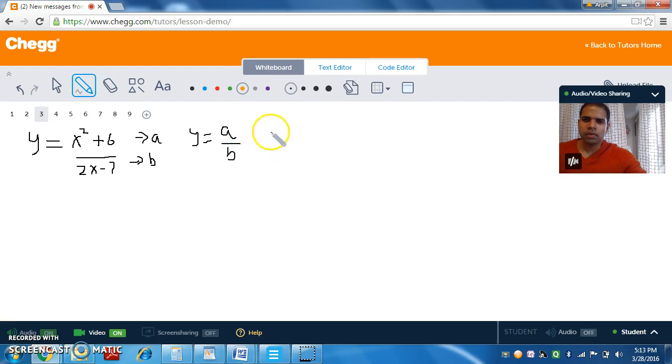And we already know the formula of y prime is a prime b subtracted by a b prime, divided by b squared, as we have just discussed.